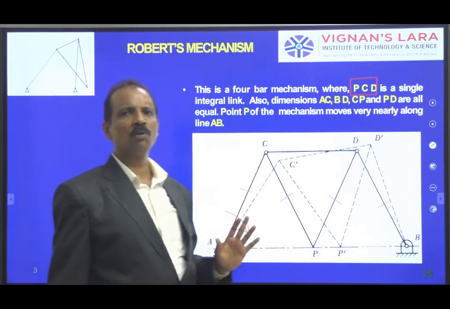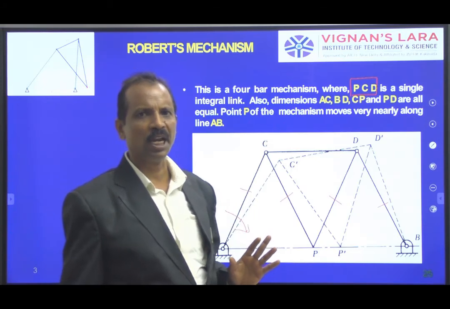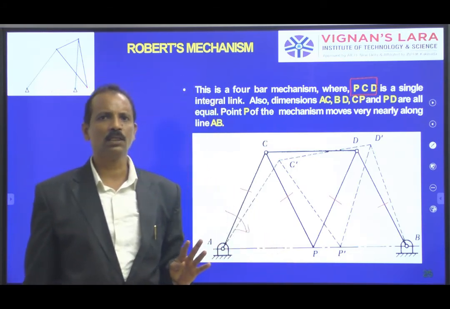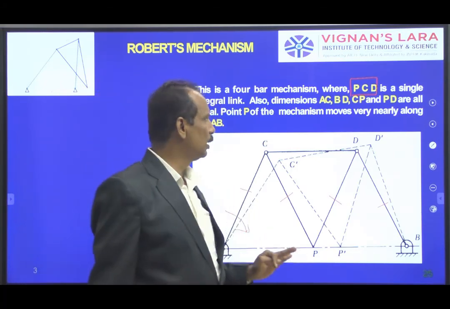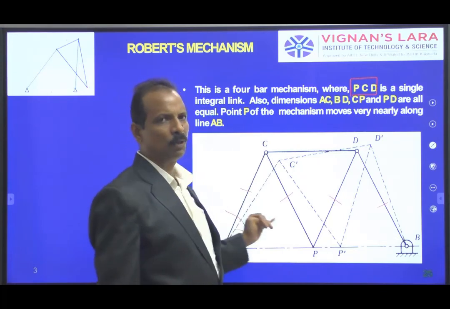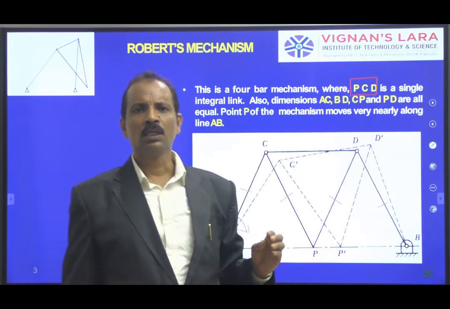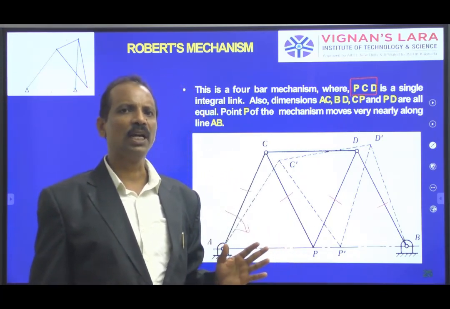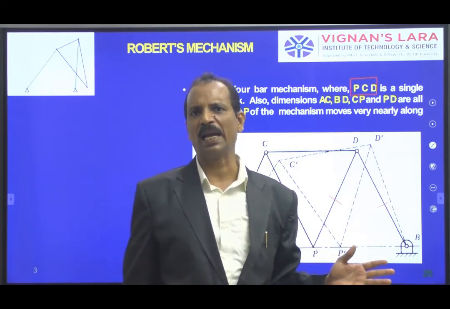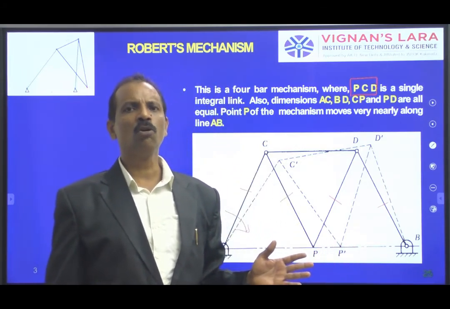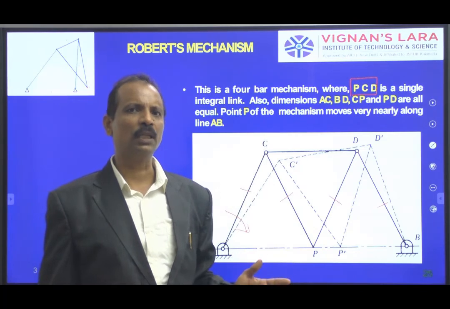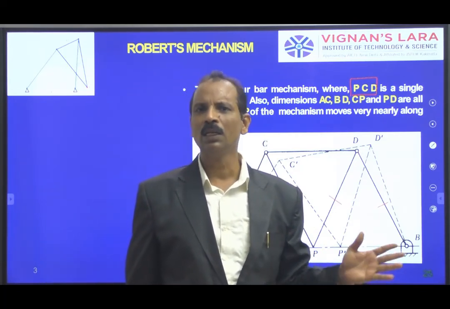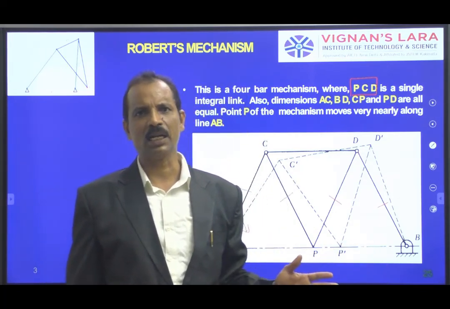In all these 4 mechanisms which we have discussed today, that is the Grasshopper mechanism, Watt's mechanism, Chebyshev's mechanism and Roberts mechanism, we get a straight line motion for small angular movements. If you go for larger movements, then the path traced by that point is not necessarily a straight line.